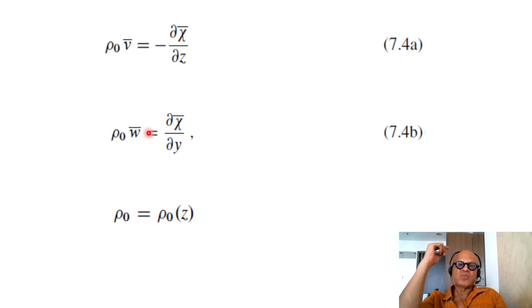And we want to plot vertical meridional circulation, which is what we looked at before, right? When we looked at the zonal mean meridional section with height, we are basically writing vertical meridional equations. So rho 0 w bar can then be written as del chi bar del y.